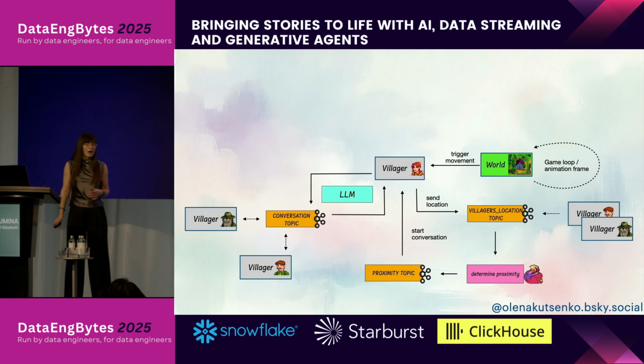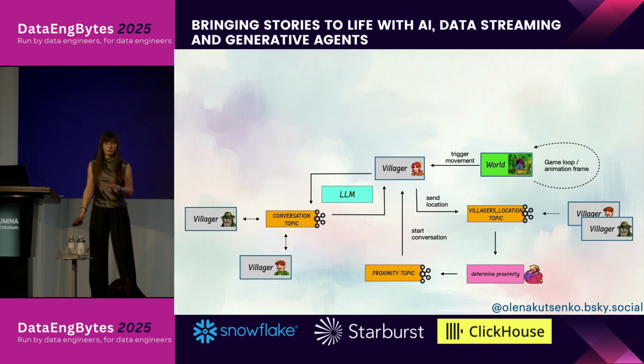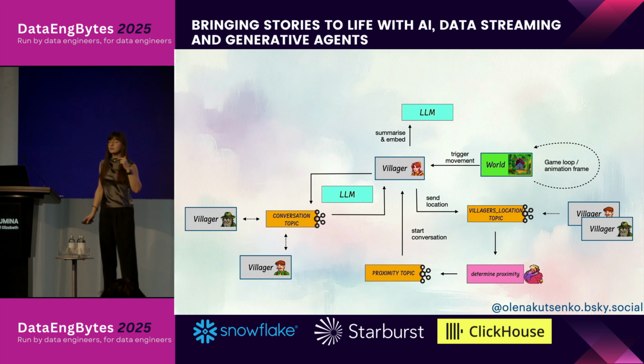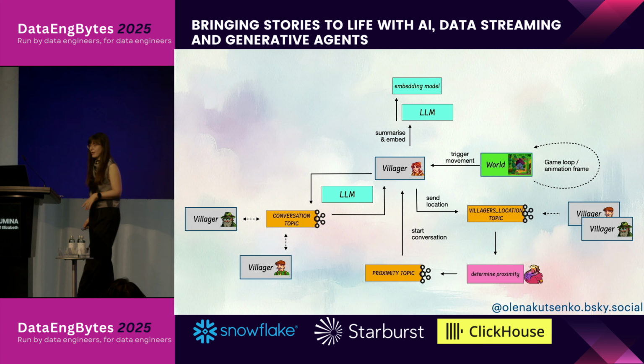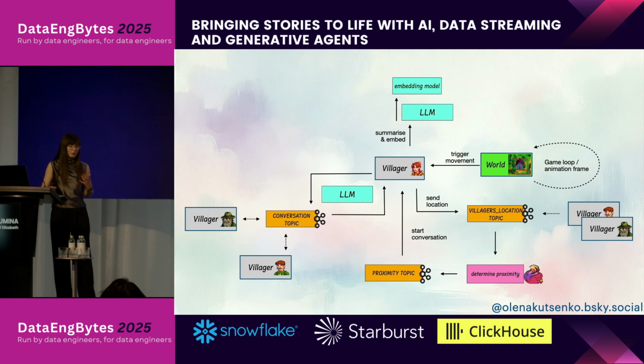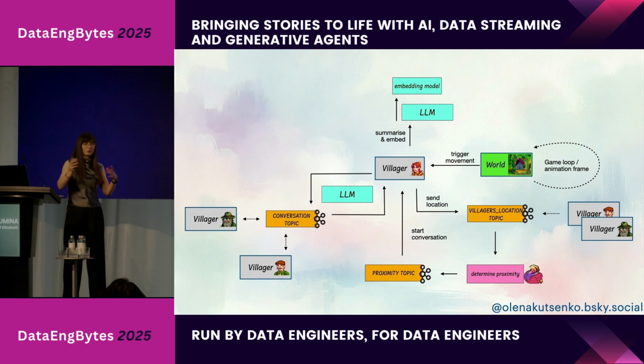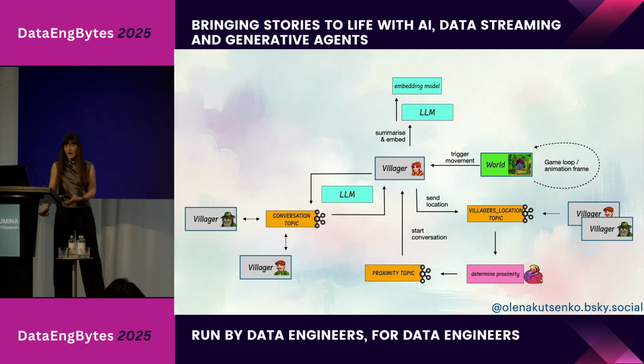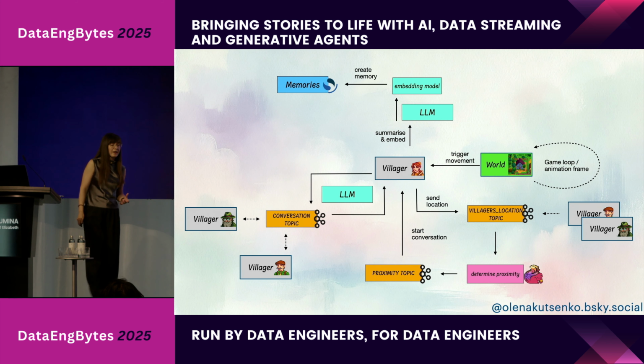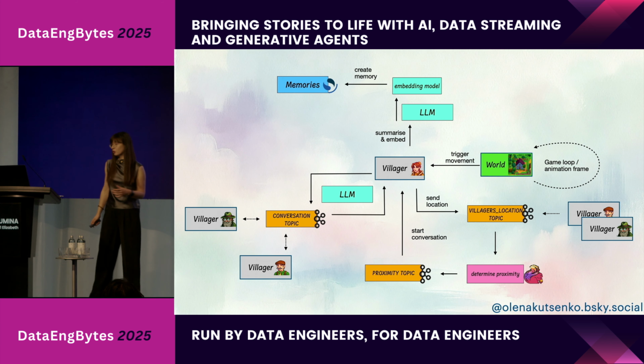So here, whenever the two villagers were finishing a conversation, I was sending a request to an LLM to summarize their conversation. Then the response from the LLM, that summary, I was creating a vector from and storing it in a vector database. I used OpenSearch.